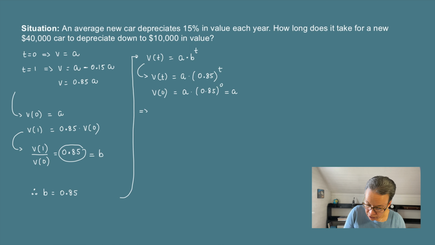All right, but then I already know that V of 0 is equal to 40,000, right? 40,000. So then this is telling me that A is equal to 40,000.